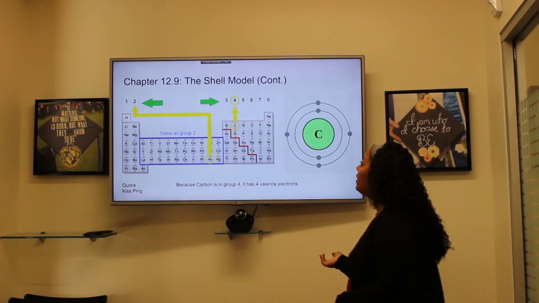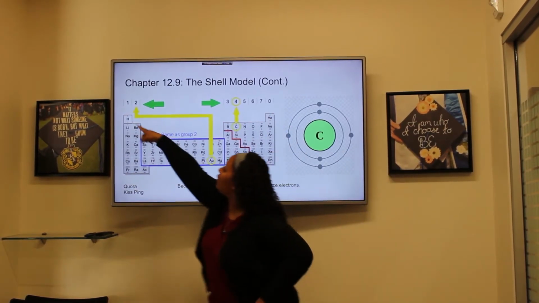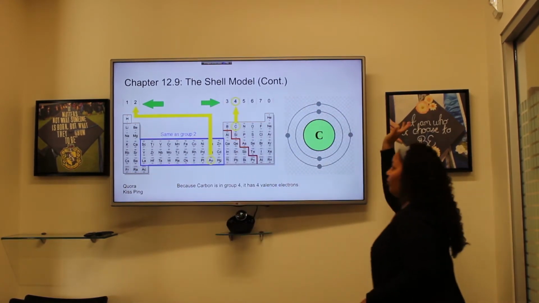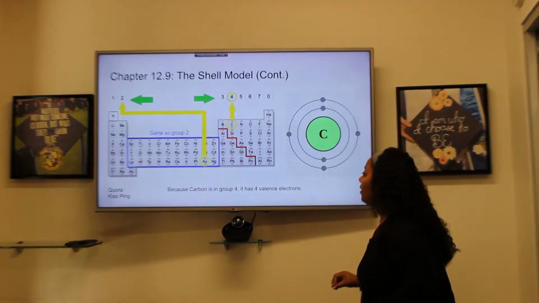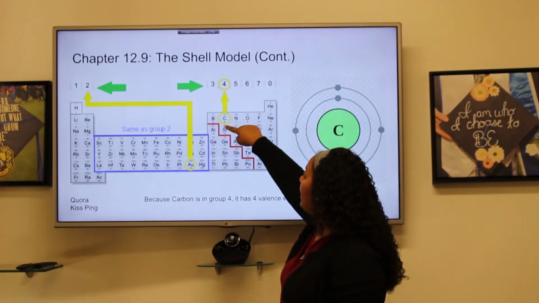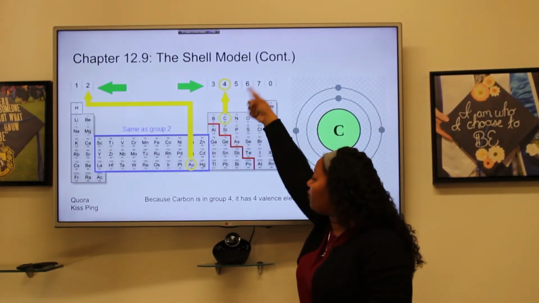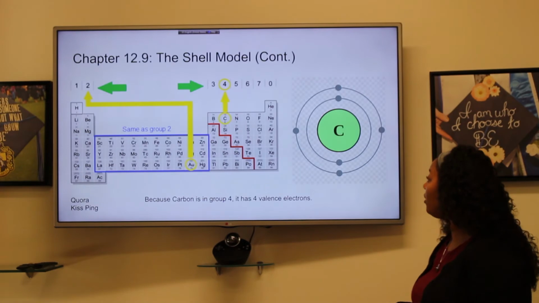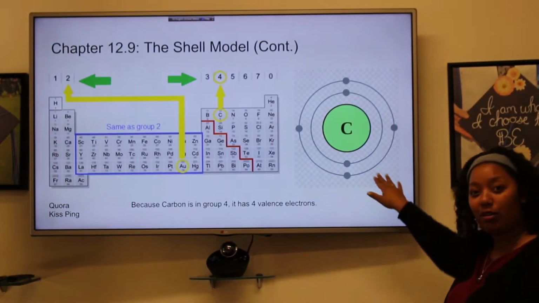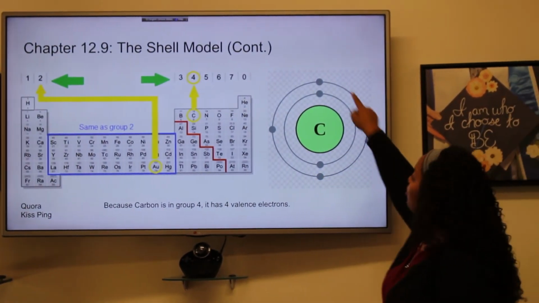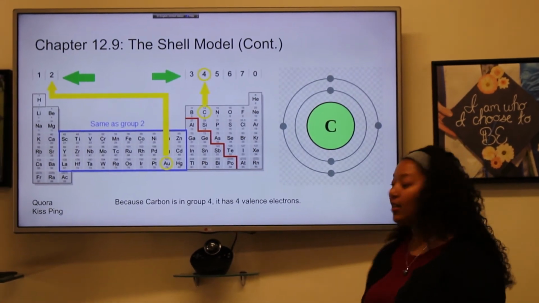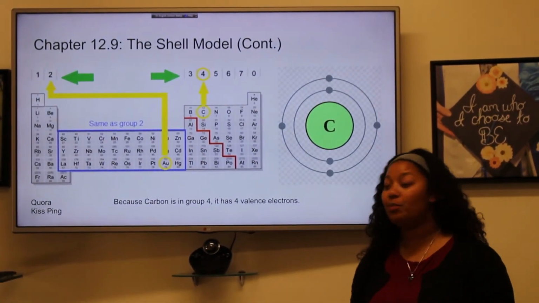So continuing up here at the top, we can see group 1 through, let's say, group 8. And here's carbon. It has 4 valence electrons, because it is in group 4. And here's the shell model for carbon. On the outermost shell, it has 4 valence electrons because it is in group 4.